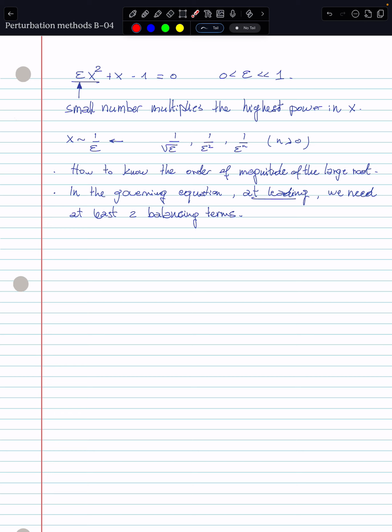All right, because we remember, keep in mind that the coefficient of the leading term needs to be different from 0. All right, so that's something that is totally general. Two balancing terms in the leading order. And that's something we're going to exploit in the pairwise comparison. Okay, so how does it work?